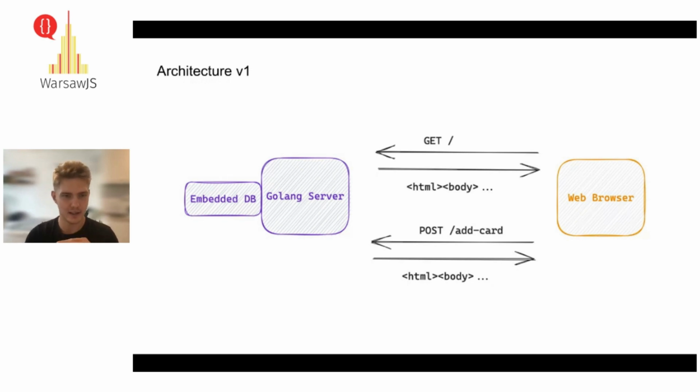It also had an embedded database, meaning that it didn't talk to an external server for a database. My Golang process would have the database. A typical embedded database, the most popular one, is SQLite. I used something called BadgerDB. It's not really relevant. My point is that it was really simple because it was all a single process.